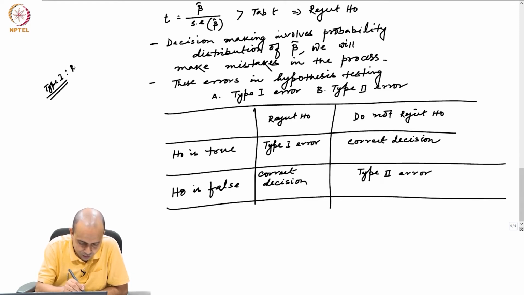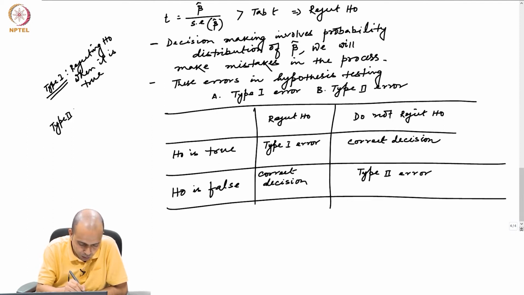So, how do you remember type 1 and type 2 error? Type 1 error is rejecting the null when it is true, and type 2 error is do not reject your null when it is not true. This is how you have to remember.